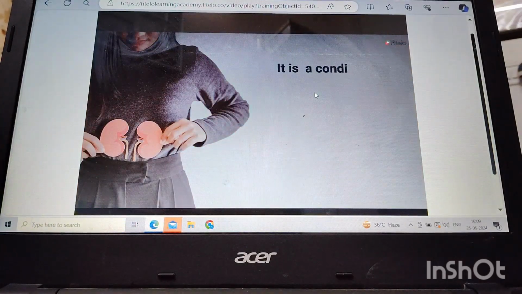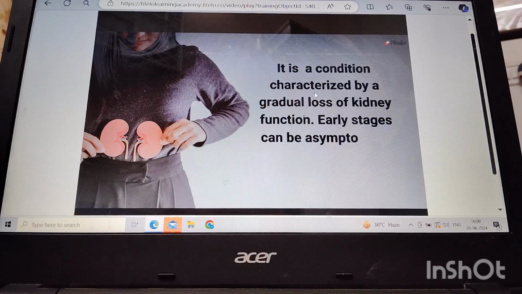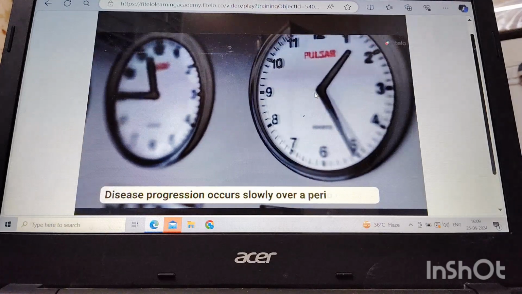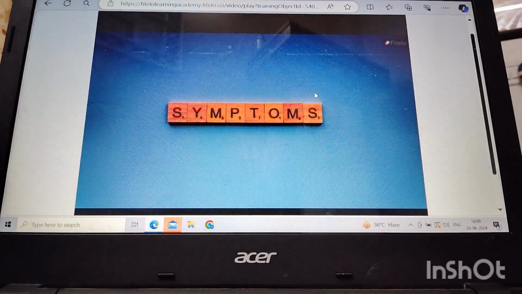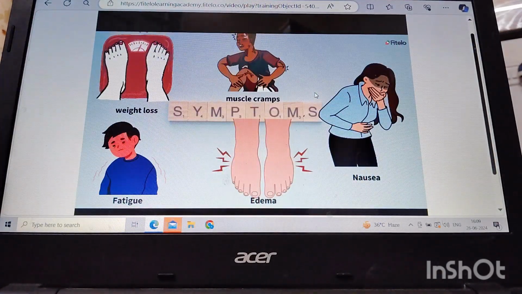So what is CKD? It is a condition characterized by a gradual loss of kidney function. Early stages can be asymptomatic. Disease progression occurs slowly over a period of time. There are some symptoms a client may experience such as poor appetite, weight loss, muscle cramps, nausea, fatigue, edema.